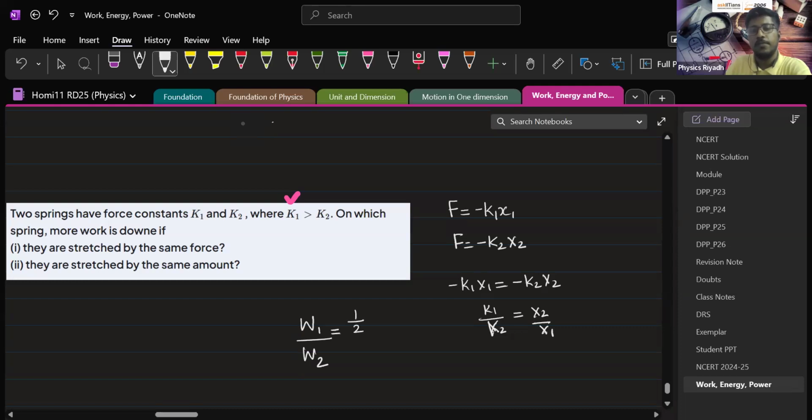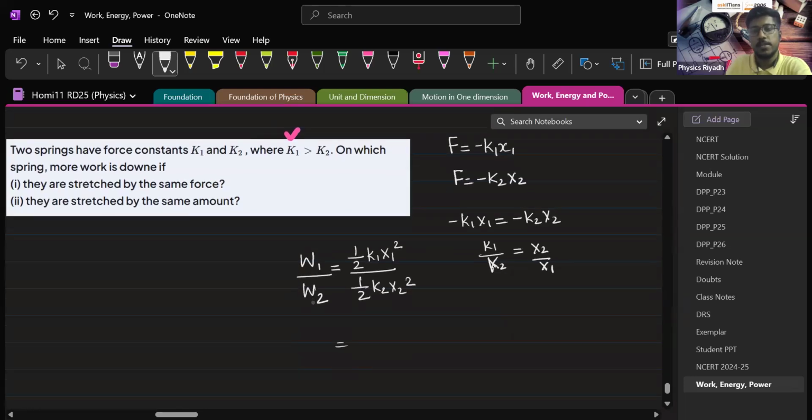The work done formula is half K1 x1 square by half K2 x2 square. So we can compare now. This is K1 x1 square by K2 x2 square. This can be written as K1 by K2 into x1 by x2 whole square.